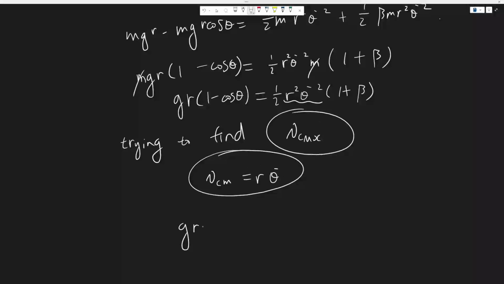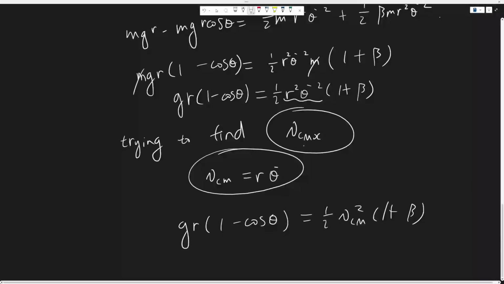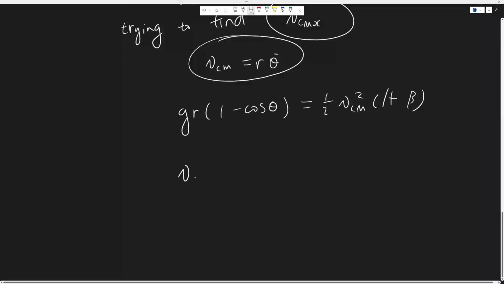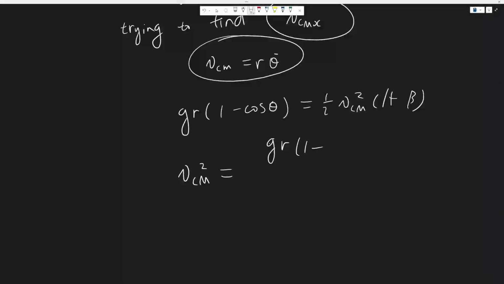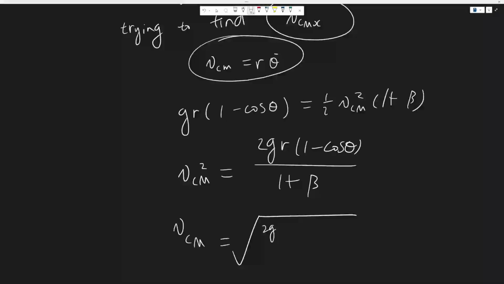So let's rewrite it: g r 1 minus cosine theta equals half VCM squared 1 plus beta. And let's isolate VCM here. So VCM squared equals 2 g r 1 minus cosine theta over 1 plus beta, and so VCM equals the square root of 2 g r 1 minus cosine theta over 1 plus beta.